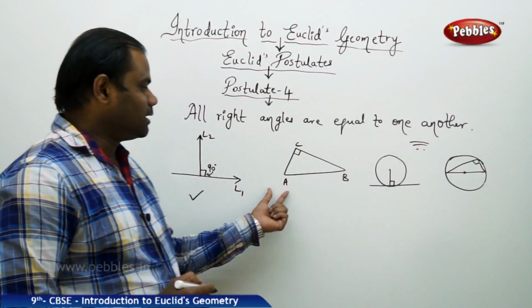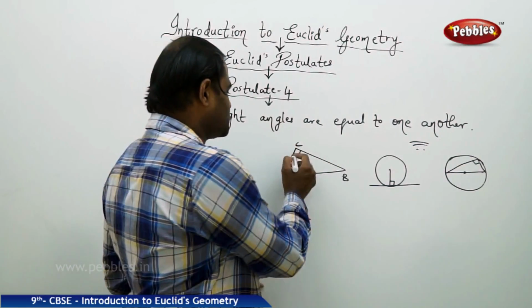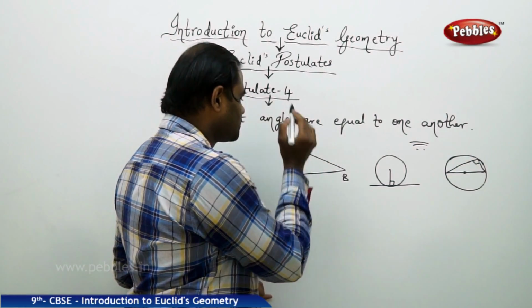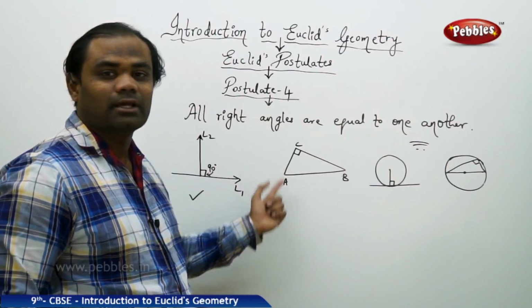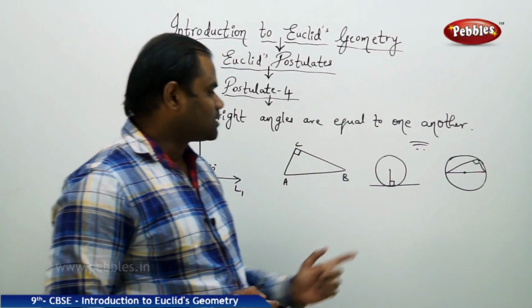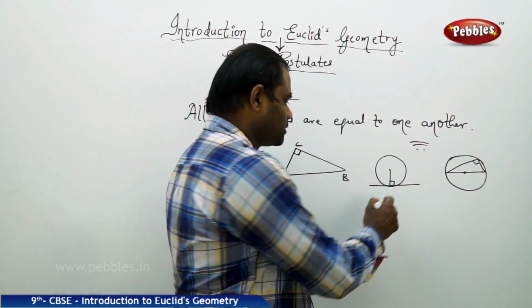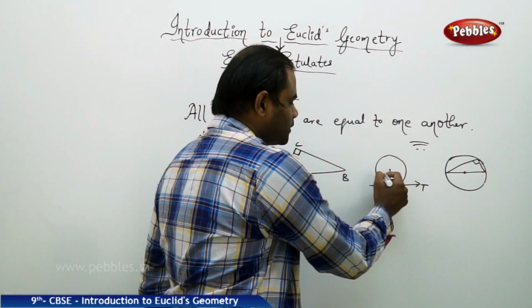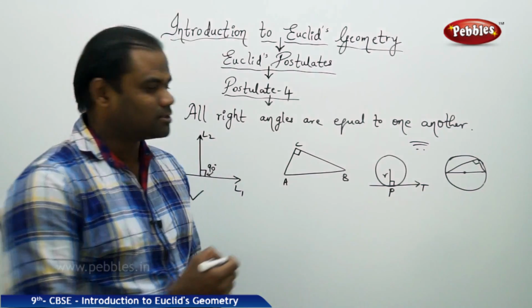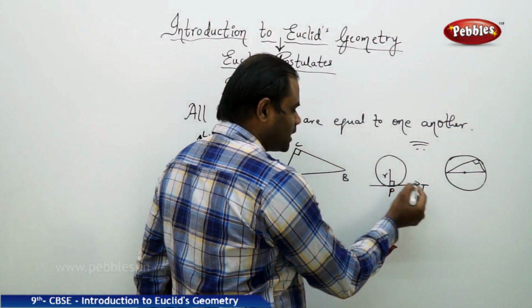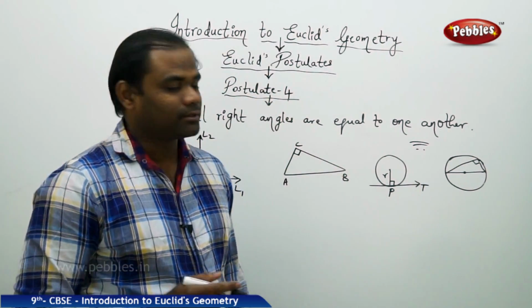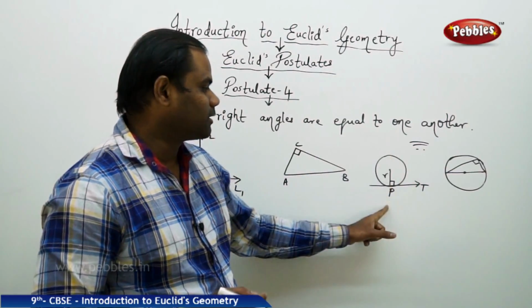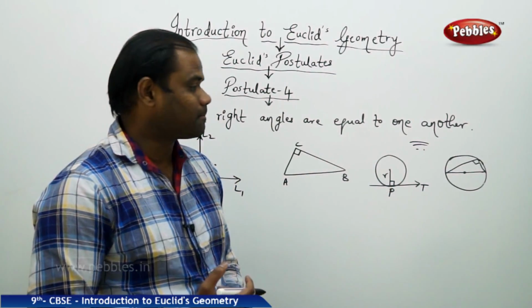Similarly, I have triangle ABC in which angle C is 90 degrees through the sides BC and AC. Next, I have a circle in which at this point P, the tangent is set to make 90 degrees with the radius. This is the radius of the circle and this is the tangent, and at the point the tangent is set to make 90 degrees with the radius of the circle.